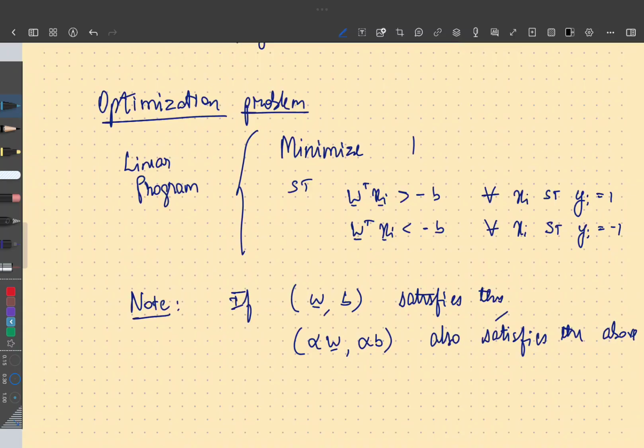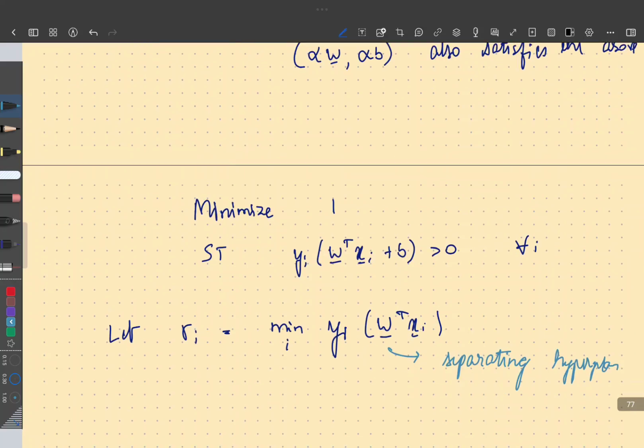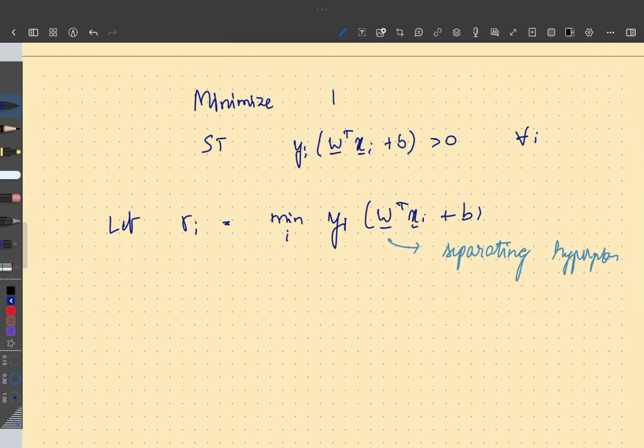I originally wrote that as b, but then I corrected that to minus b later. So let me have this plus b over here, where this w comma b corresponds to the separating hyperplane, one such separating hyperplane. We know that there exists at least one.